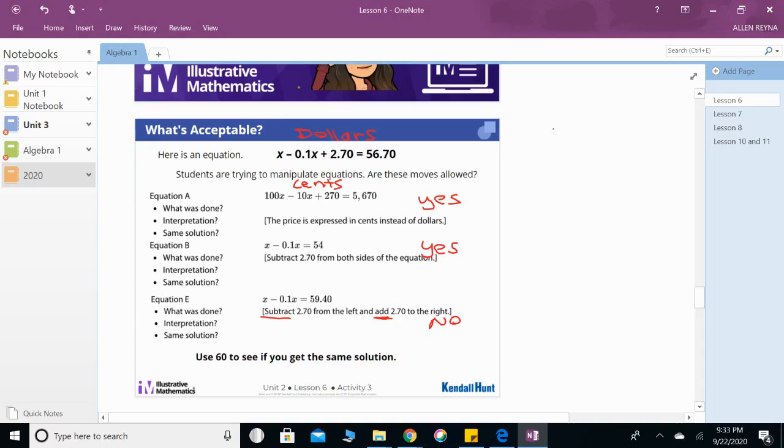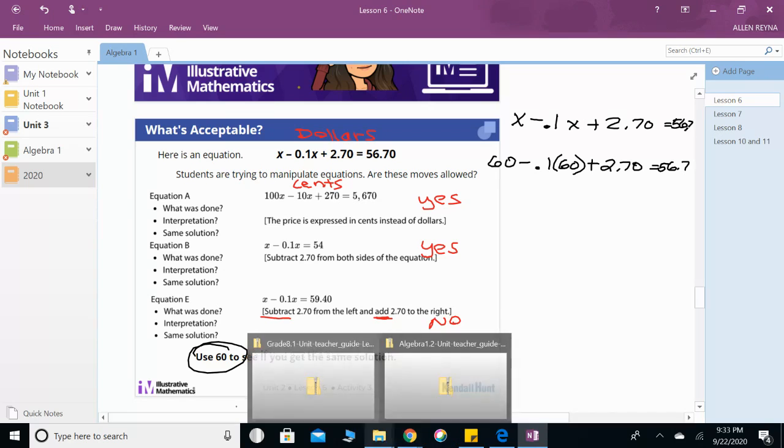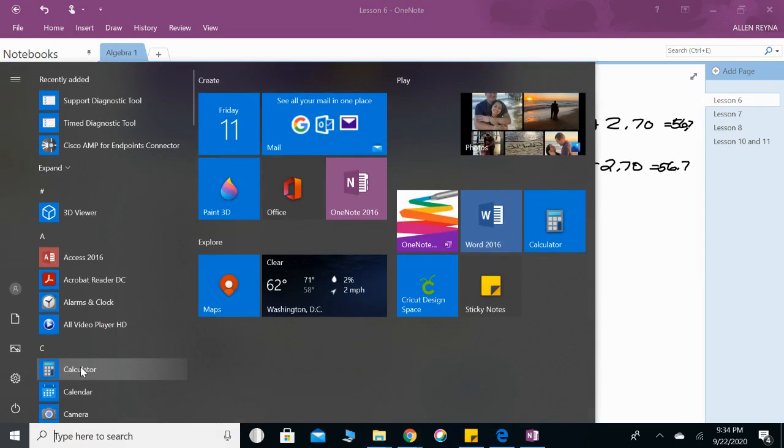So let's check. We have x minus 0.1x plus 2.70 equals 56.7. We're going to try 60 for all of them. So 60 minus 0.1 times 60 plus 2.70 equals 56.7. Let's see how much our calculator can help us.